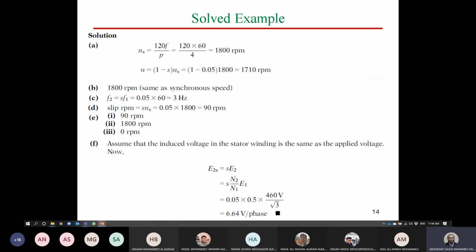So it's S slip multiplied by N2 over N1 multiplied by E1. This is to refer the voltage to the rotor side. So it's 0.05 multiplied by 0.5, which is the value of N2 over N1, multiplied by the line voltage over square root of 3. So this will be the EMF at the rotor side.